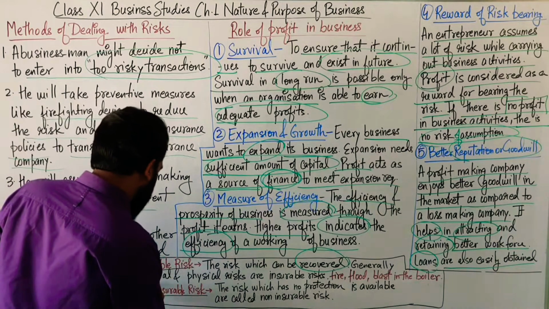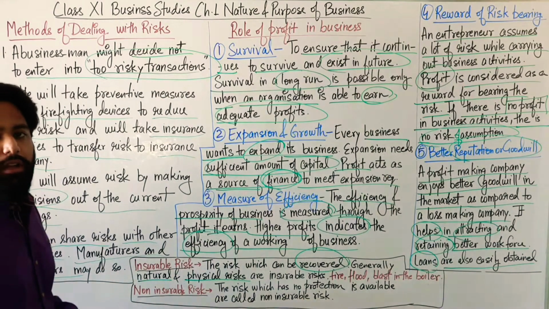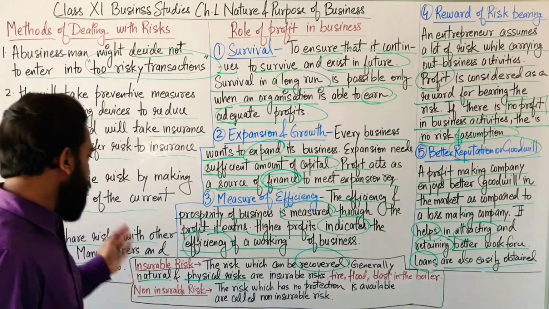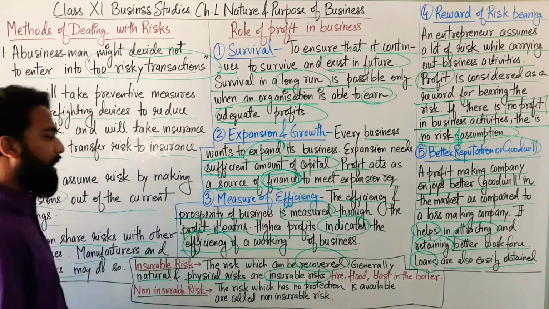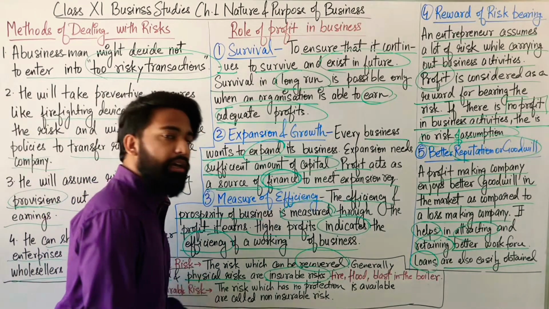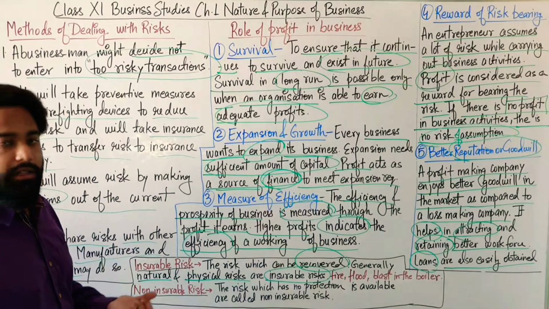Now, generally, natural and physical risks, which happen naturally to the physical goods, to the assets, are insurable. Basically, the insurance is done on the basis of the reasons. What should be the reason for that risk?